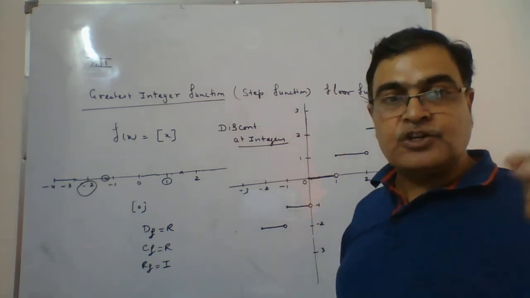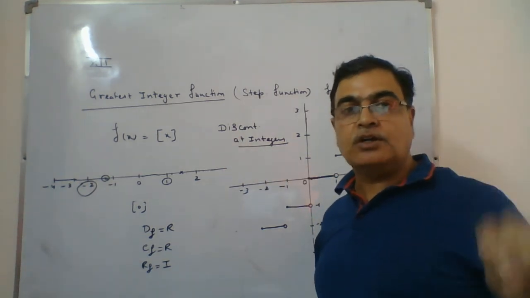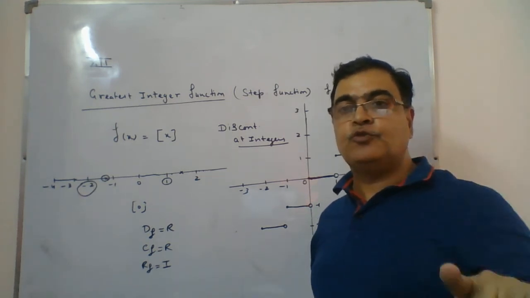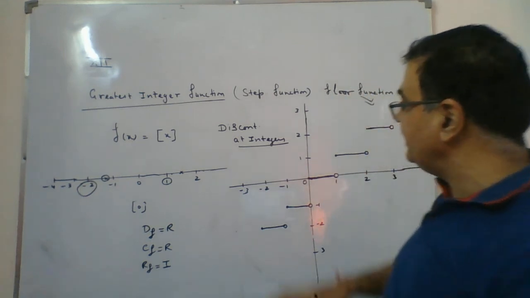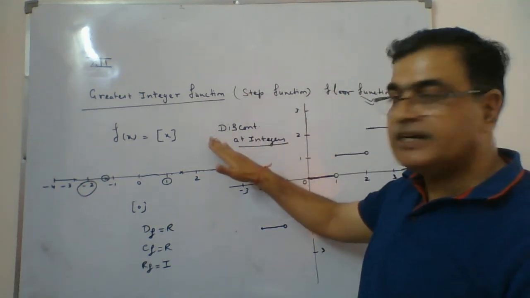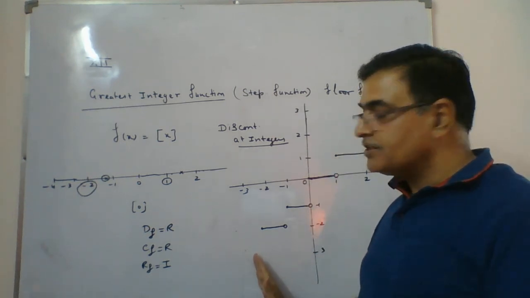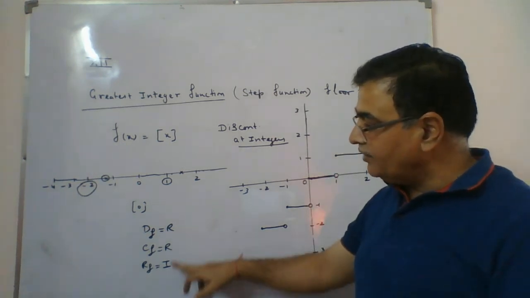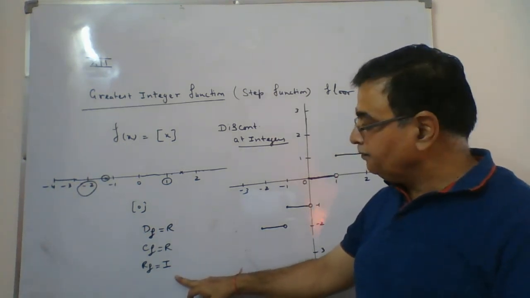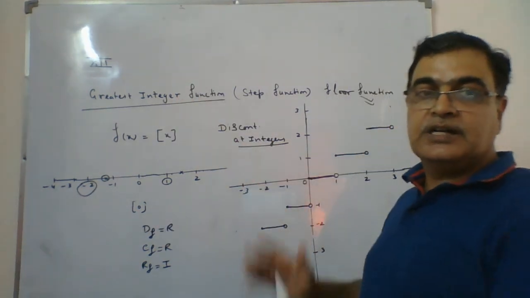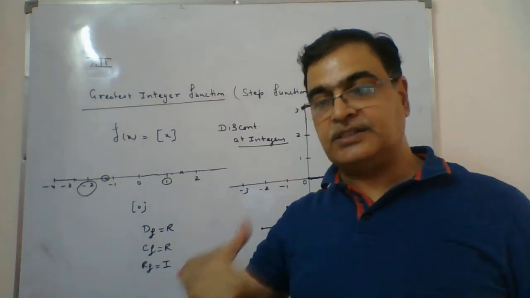And whenever the function is discontinuous, we are not concerned about differentiability. Differentiability is only defined for continuous functions. So we will say this function will be discontinuous at integers, and the shape of this curve will be a step function. Then the range I told you, I, and this way the function is defined. So this is the greatest integer function. Next, we'll continue.